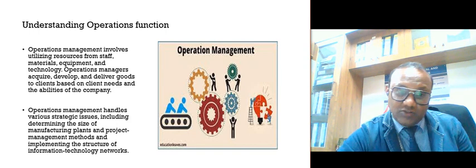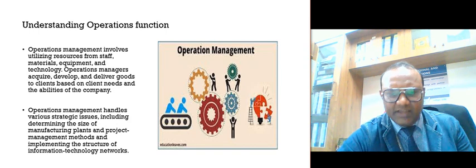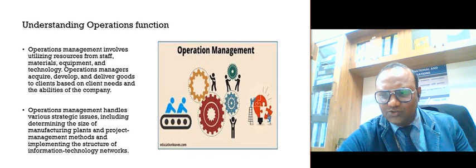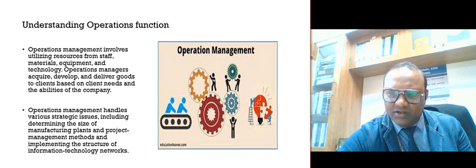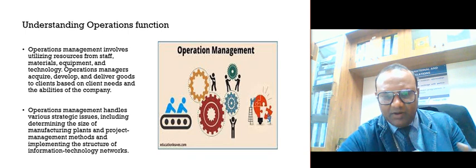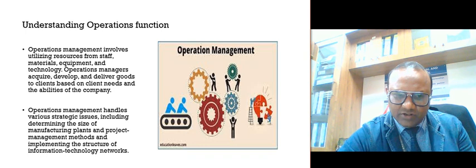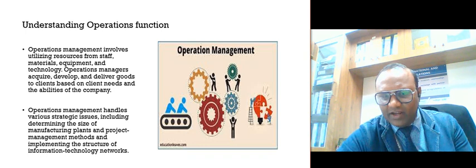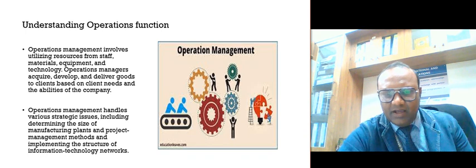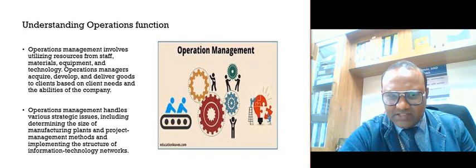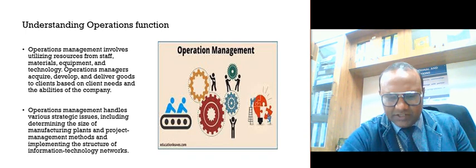Operations will also include thinking very strategically about issues: the size of the plant, the different workstations that we are designing, and the various composition of labor, material, methods, and equipment that has to go into the system. Wherever possible, if there is technology that can be brought in to achieve this goal of efficiency, we do that, and that's precisely what operations does.